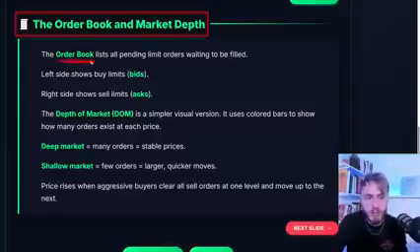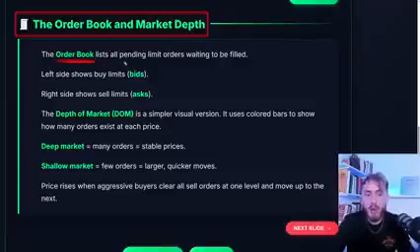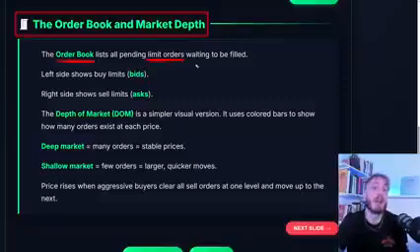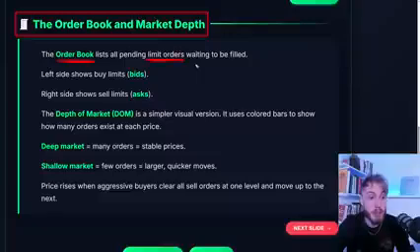Well, the order book is basically a list of all pending limit orders waiting to be filled. And remember here, limit orders are orders we place in the market. They don't get executed right away. They will sit there and wait. And that is why they get placed in this book.